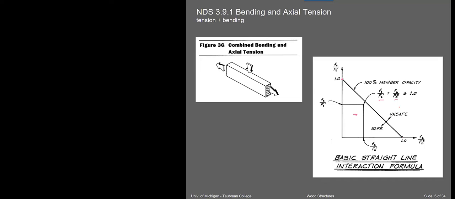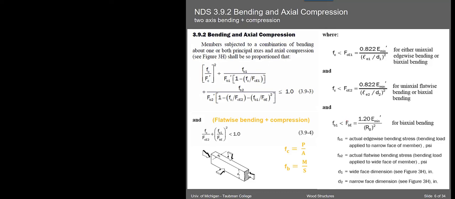That's the interaction of the tension critical formula. You go from pure tension to pure bending is what that's doing, and everything in between. But we don't really use the interaction diagrams. I mean, the formulas are so easy, I guess it's easier just to do that.